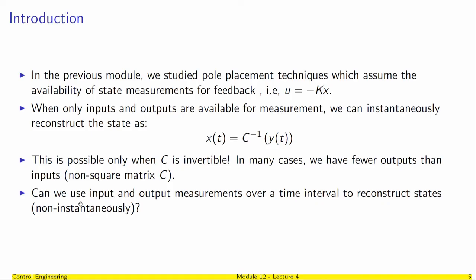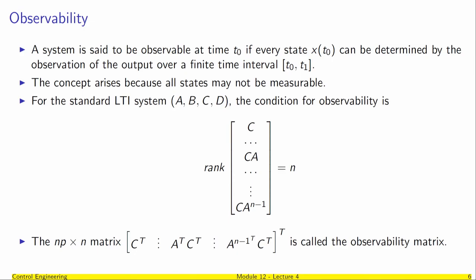Is there again some hope? Can we use the input, since we know u all the time, and the output measurements over a time interval to reconstruct the states, for example reconstruct x naught? This is what leads to the definition of observability. I will not go into the details of this, but we will just understand what it means. I will just give a definition and how to check the conditions on observability.